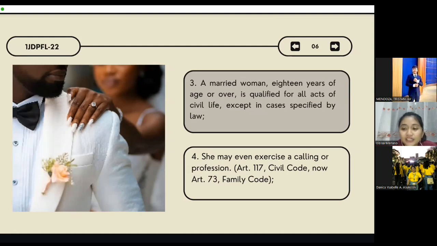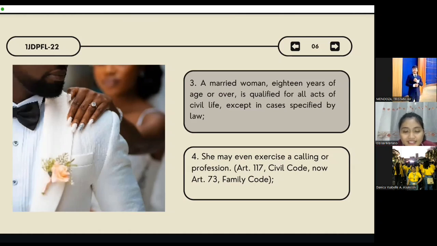For example, she may donate, mortgage, or pledge her own paraphernalia property without marital consent. This is according to Article 140 of the Civil Code. Fourth, she may even exercise a calling or profession. This is provided under Article 73 of the Family Code. This is also related to our previous point.